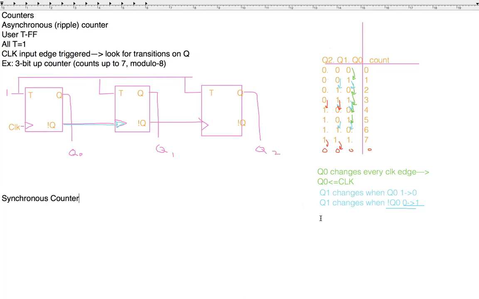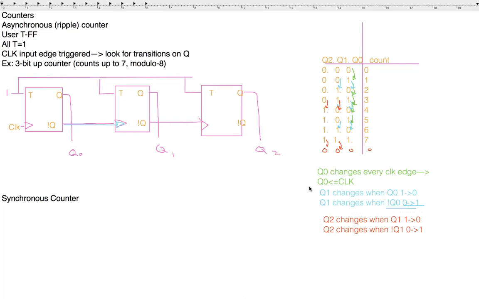Q2 changes when Q1 goes from 1 to 0, but that's negative edge trigger. So actually Q2 changes when the not of Q1 goes from 0 to 1. Okay, and so that's why we have the not of Q1, and that's giving us the clock input for Q2.